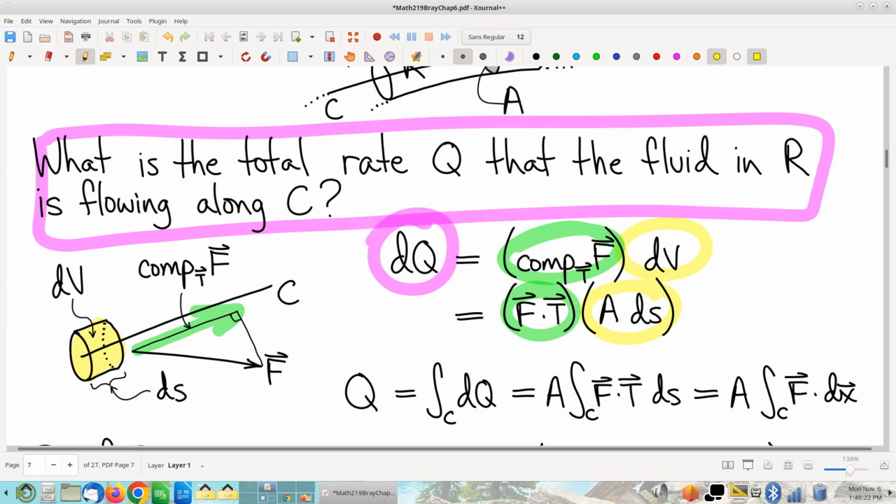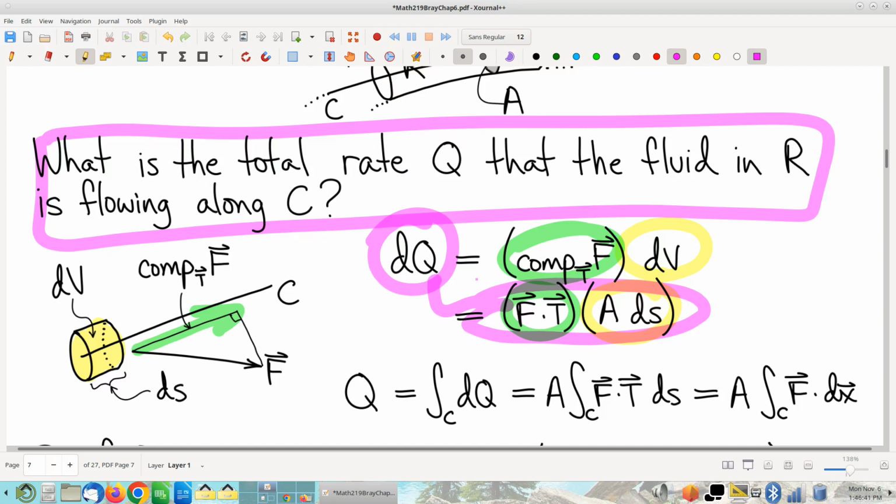That's just a direct take on a partial answer to this question: fluid, here it is, A ds, flowing along the curve, there's that F dot T.